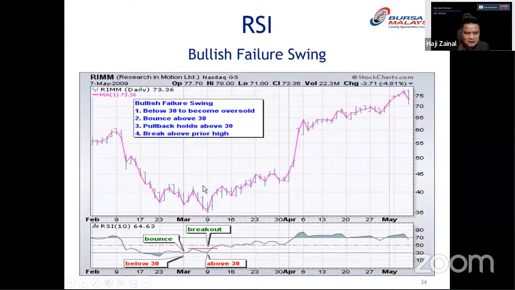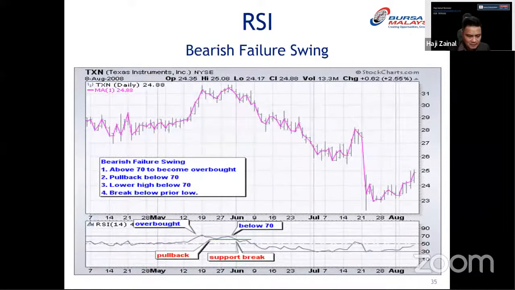This is what we call a bullish failure swing. What does it mean? It means that it gives you the signal, but the signal fails. That's why we call it failure swing. You can also notice that the price is sideways. So RSI is not very useful in a sideways market.